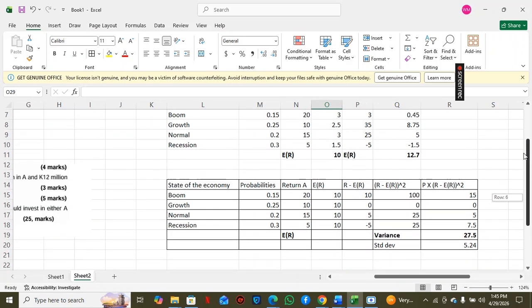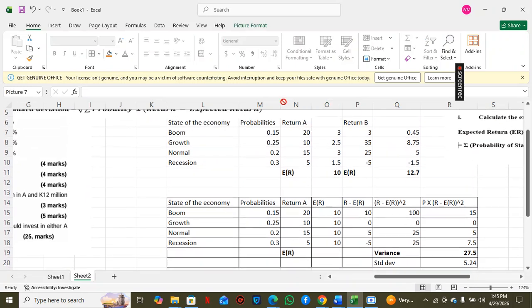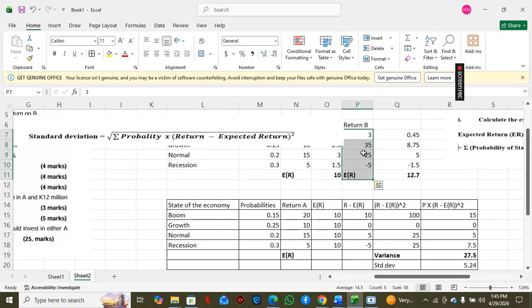Then the individual returns are these ones here.